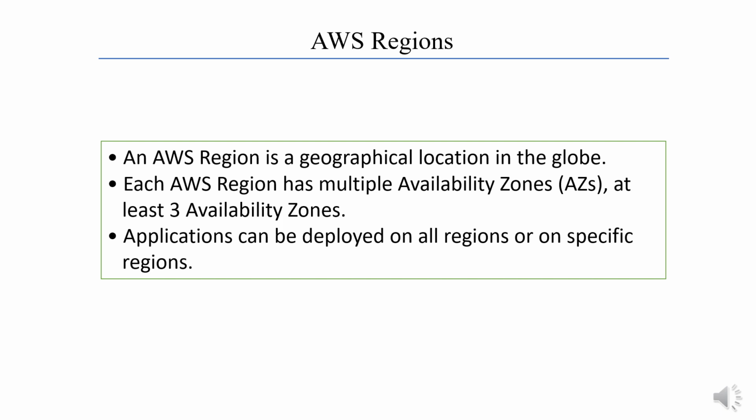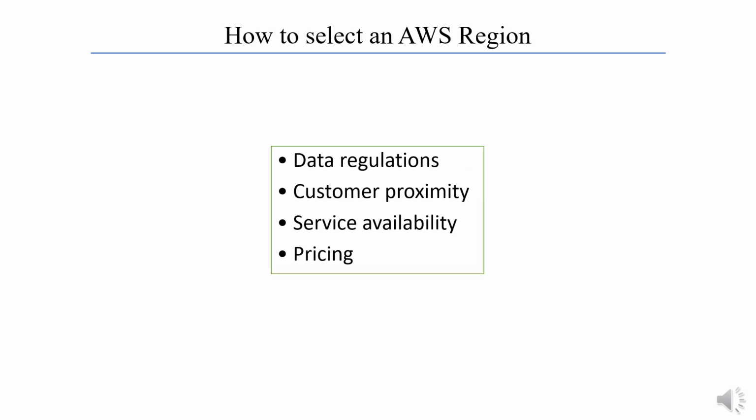When you view your resources, you see only the resources that are tied to the AWS region that you specified. That is because AWS regions are isolated from each other and AWS doesn't automatically replicate resources across AWS regions. Now the question is how to select an AWS region.